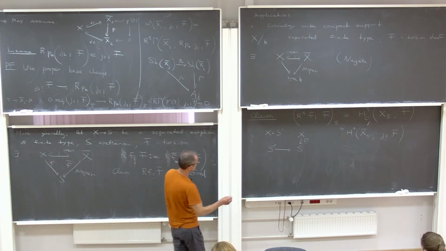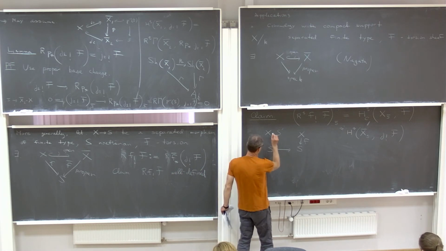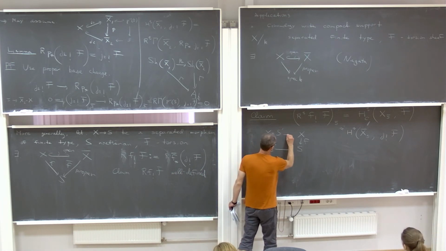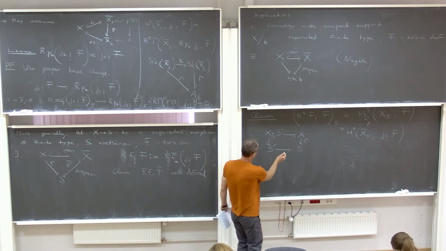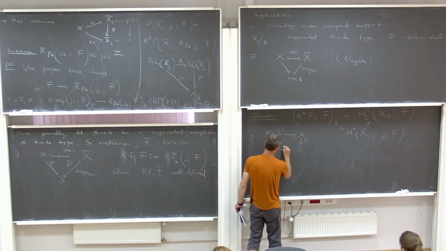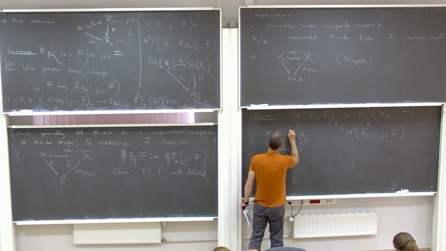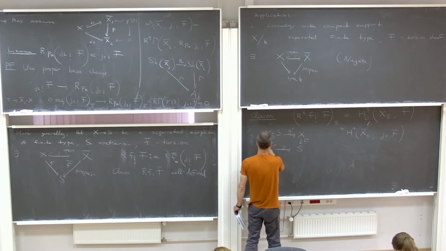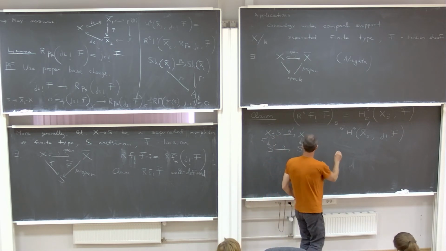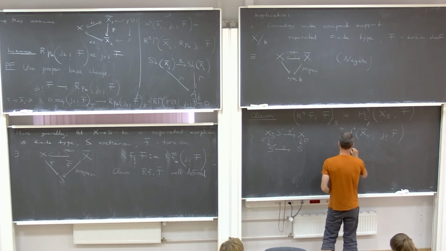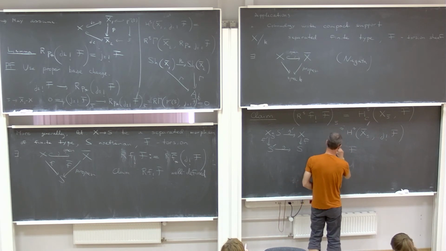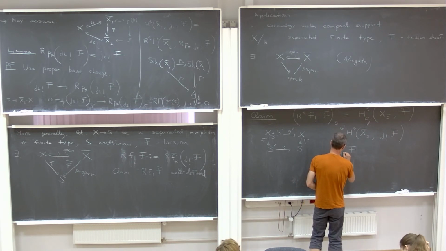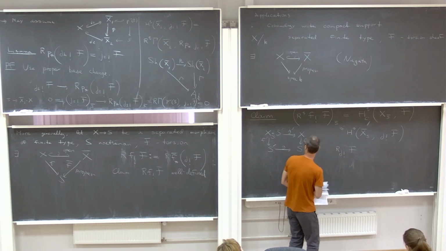Okay, and consequently, we have a generalization of this. So if this is any Cartesian square, this is G, this is G prime, this is F prime, then for any torsion sheaf, you can do the derived direct image with compact support.